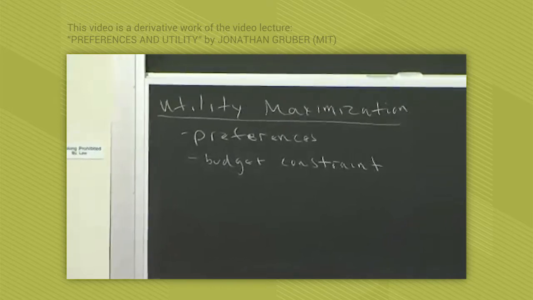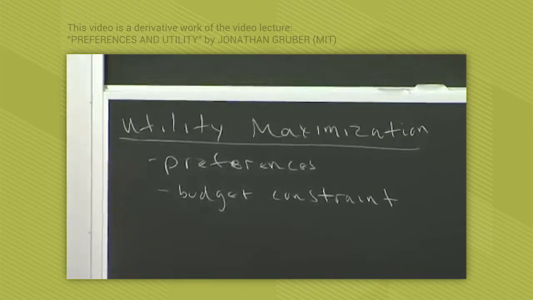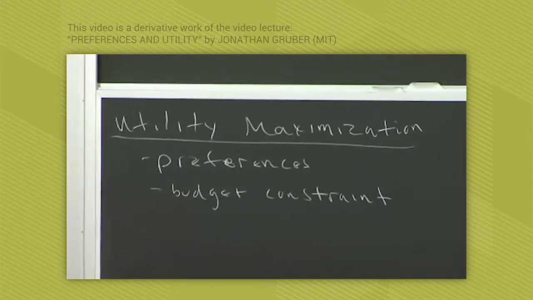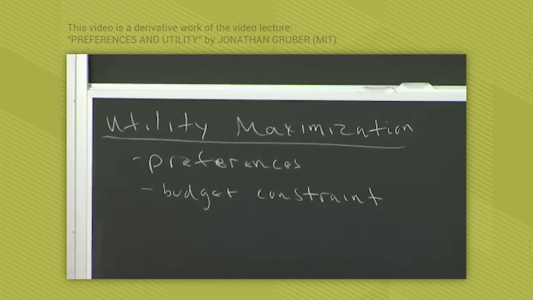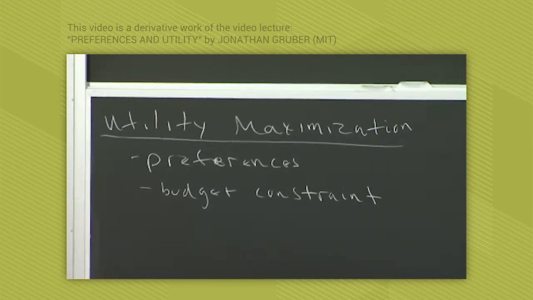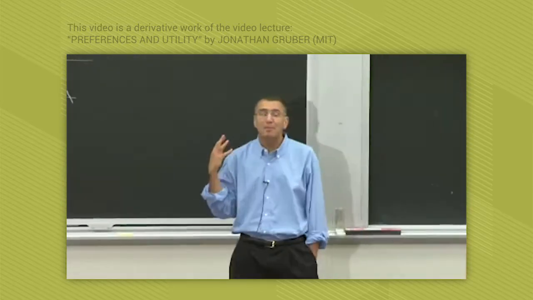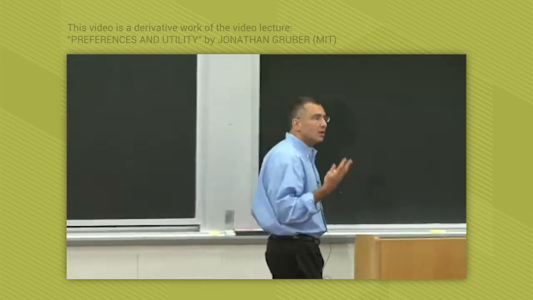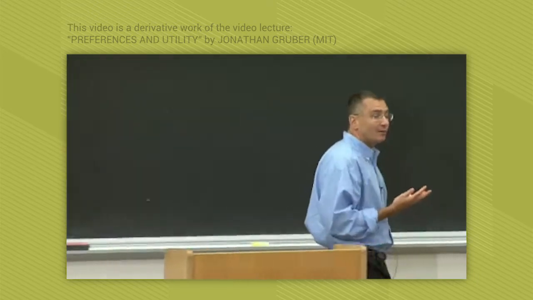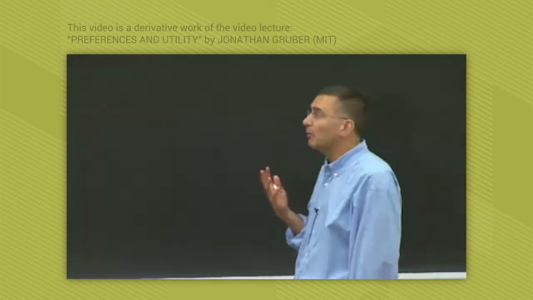And then we do a constrained maximization problem that says, given your preferences, given what you'd like, subject to the resources you have available, what choices will you make? Okay? In particular, we're going to ask what bundle of goods makes you the best off? Given your preference, given your constraint, what bundle of goods?